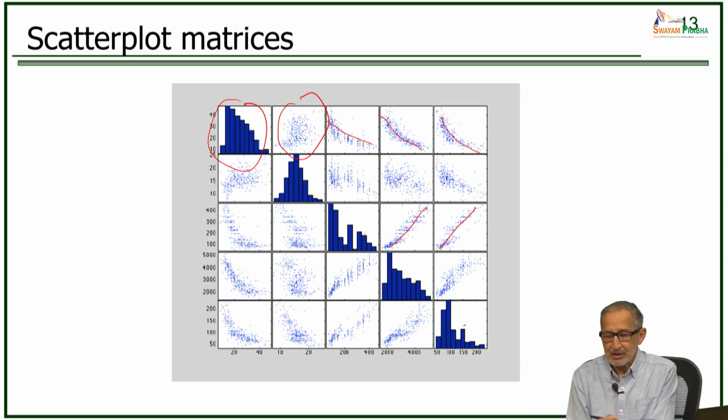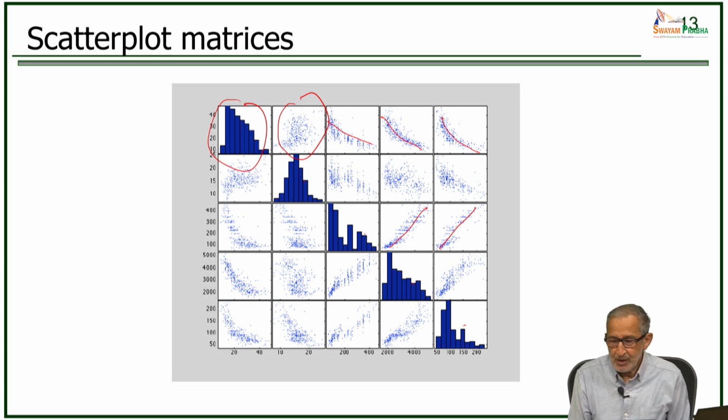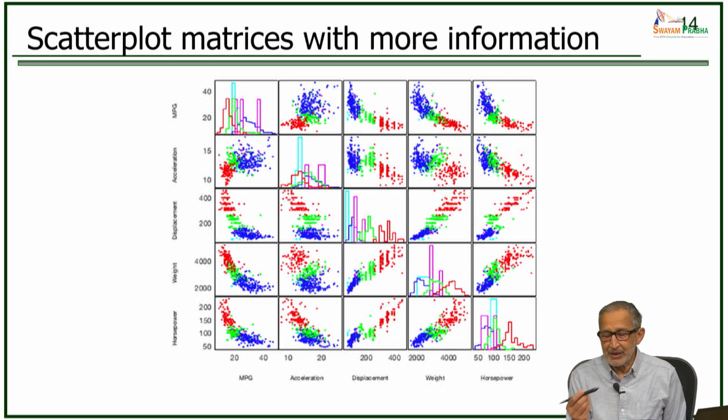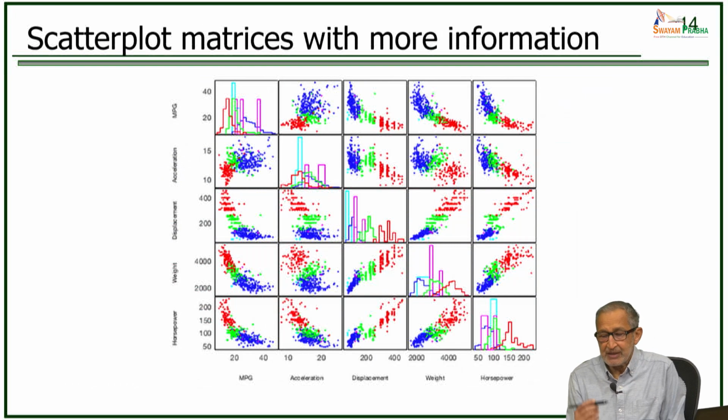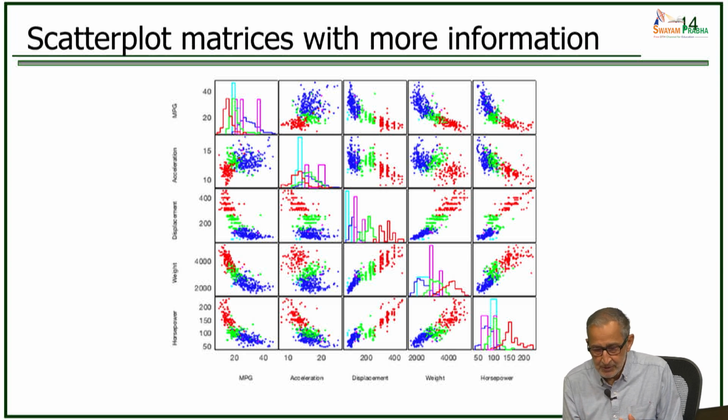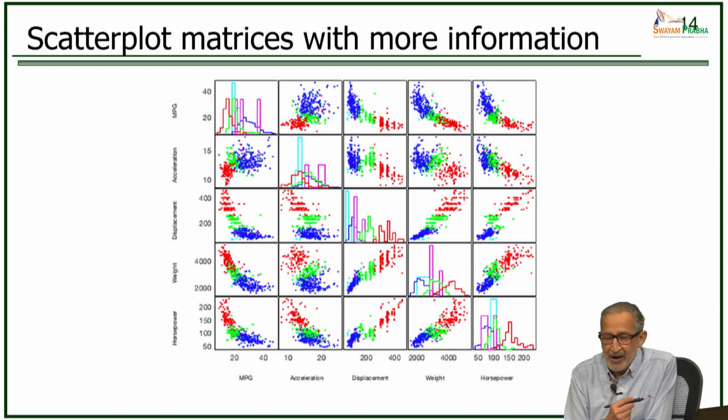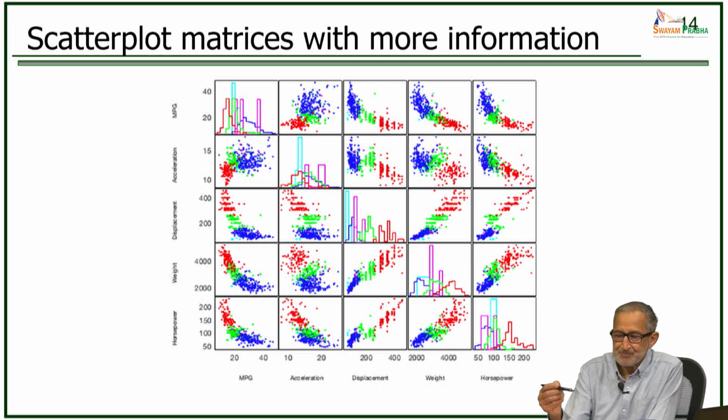This is a symmetric plot, and we can also look at this data by using the graphic handle in MATLAB. You can look at the data in a more descriptive way. There are 5 variables, and the distribution of each one of these 5 variables is shown along the diagonal elements.